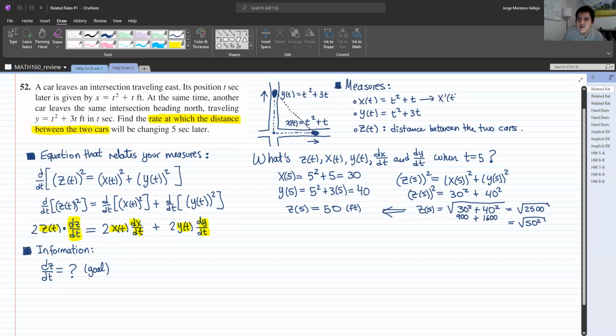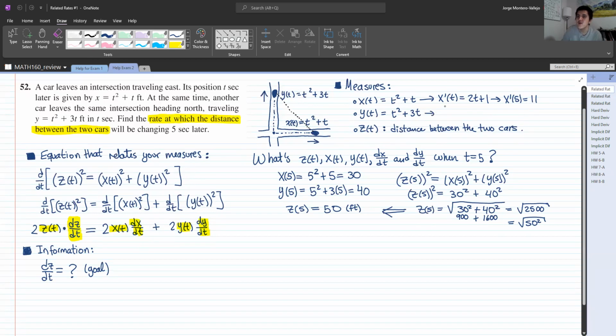The derivative of x of t will be 2t plus 1, right? And when t is equal to 5, we just need to plug in 5. You get 2 times 5, that's 10, plus 1, that's 11. So dx/dt when t is equal to 5 is 11.